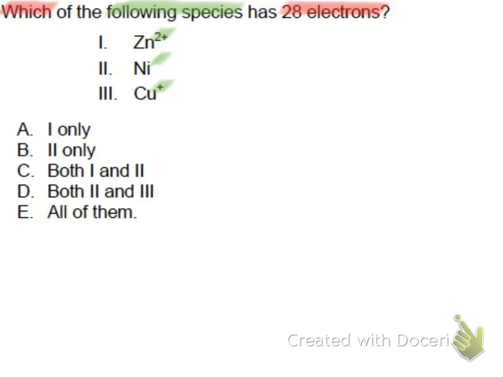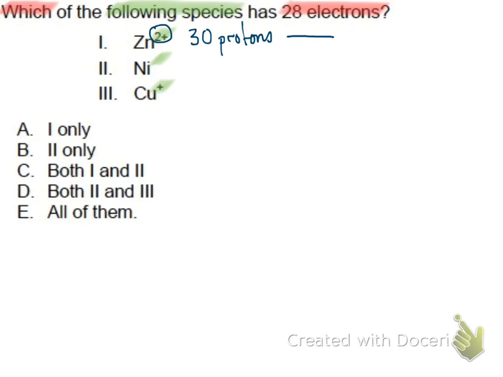So let's start with the first one, zinc. If we look at the periodic table, we're going to find that zinc is element number 30. What that means is that zinc contains 30 protons. However, this particular atom has a 2+ charge.